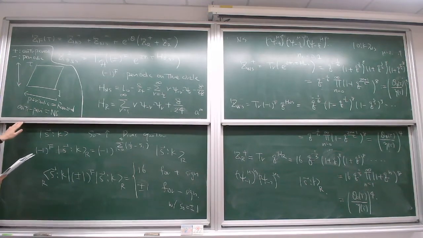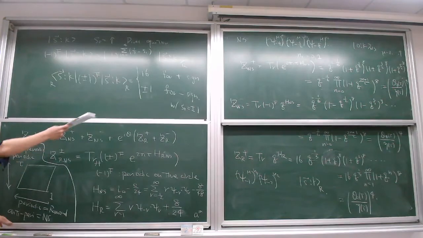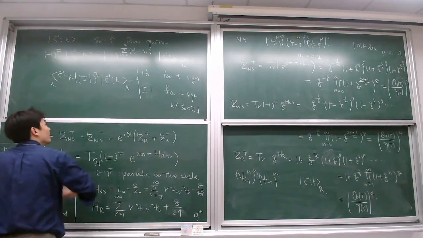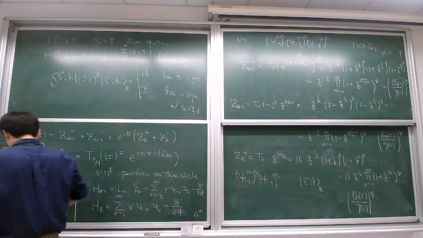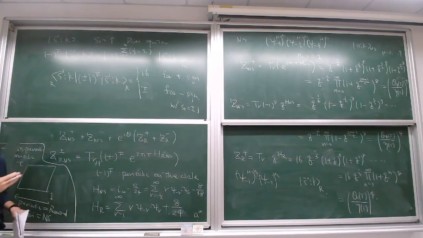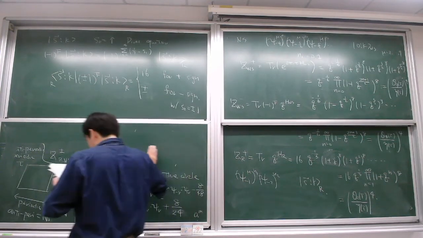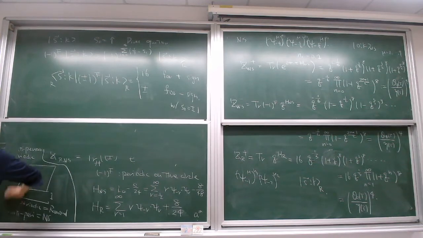Let me think why you get 0 here. Does anybody figure out that this has to be 0? It seems like it has to be 0. Do you understand? Why does it have to be 0?